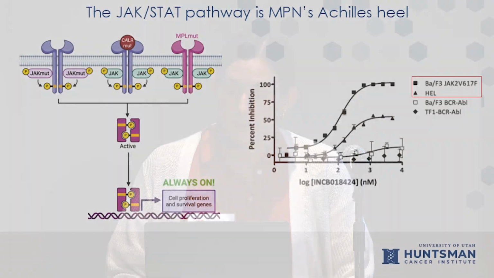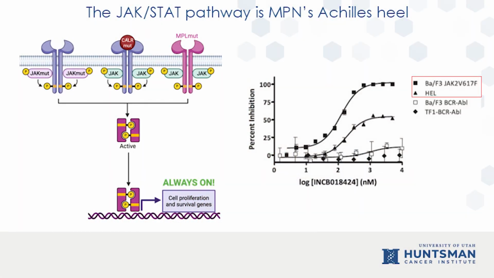And so what you'll see is that these two top lines, this is percent inhibition of cell growth. So it's a little bit counterintuitive, but the higher they go, the more they're dying, essentially. These two top cell lines have JAK2 V617F mutations. They're treated with the JAK inhibitor, and they're dying.